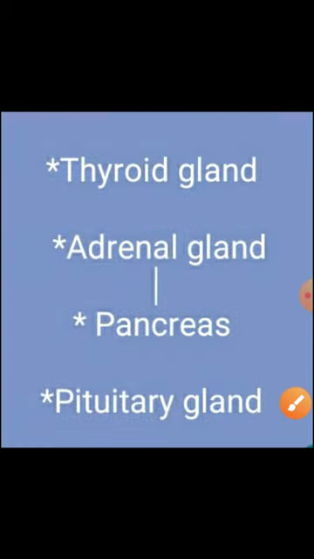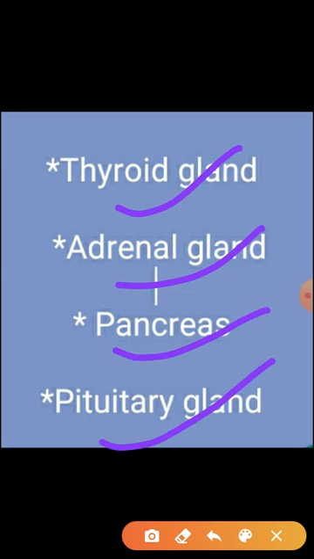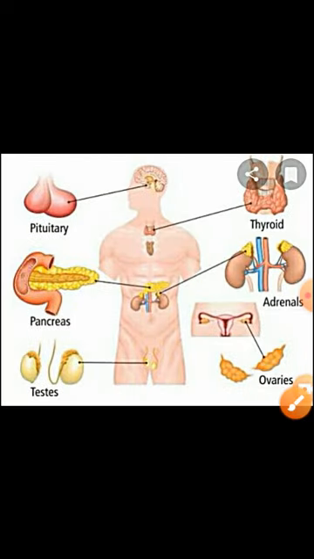Now some endocrine glands are the thyroid gland, adrenal gland, pancreas and pituitary. So in general we have to study the thyroid, adrenal, pancreas and pituitary gland. We'll discuss one by one, but first let's see the location of these glands. Here is a diagram showing a human in which you can see all these glands.